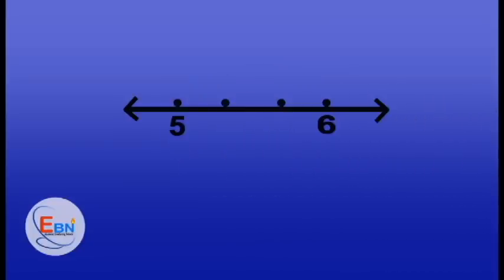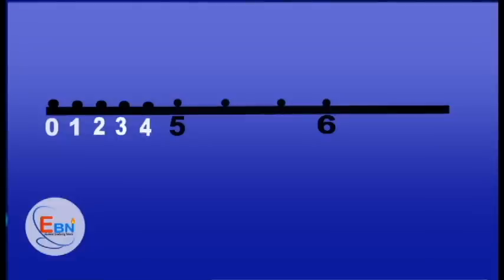We have here a part or portion of a number line. Students, we need to remember that before 5, we have other whole numbers beginning with 0. For example, 0, 1, 2, 3, and 4.